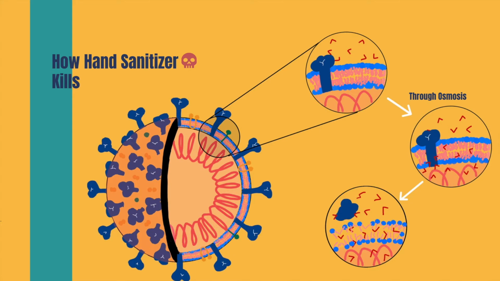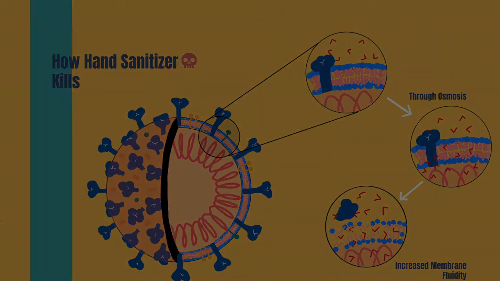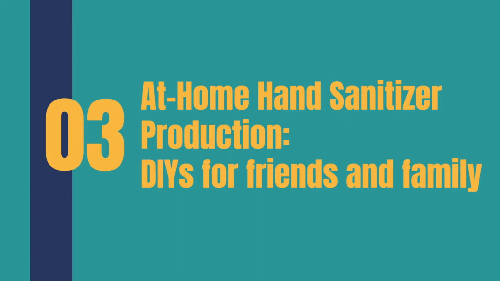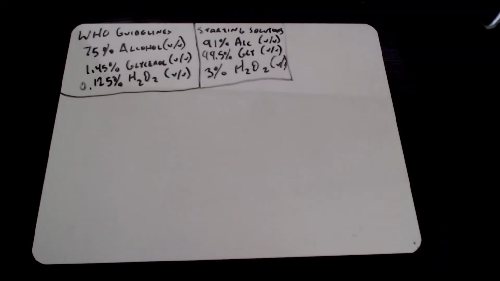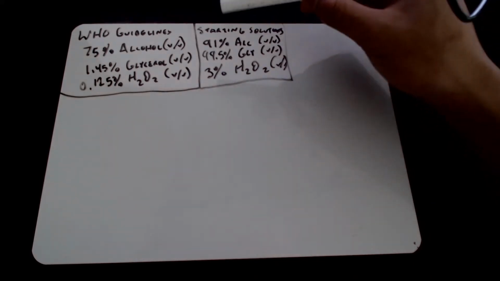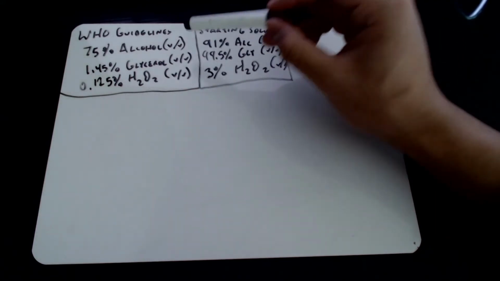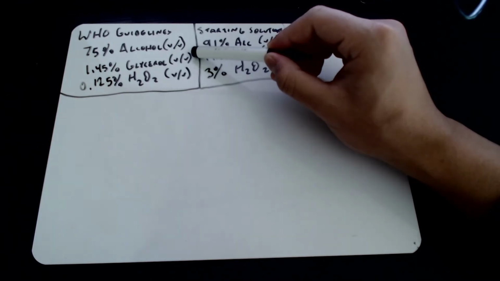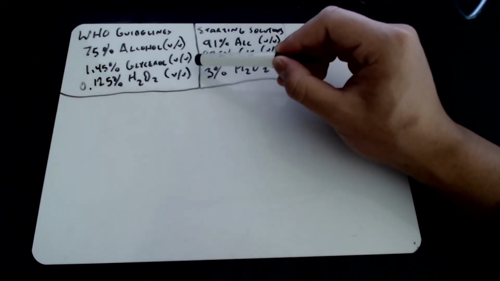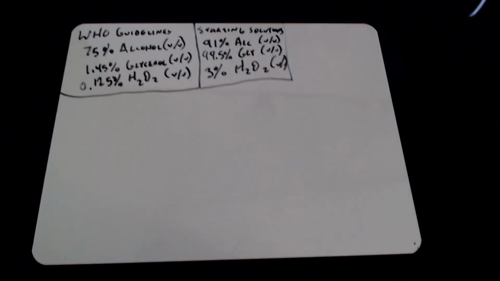Now, part 3, at-home hand sanitizer production. Here is how you can actually make a hand sanitizer that would work according to the WHO guidelines. To make our hand sanitizer, we're going to follow the WHO guidelines, which suggest a final concentration of the hand sanitizer solution to be 75% by volume isopropyl alcohol, 1.45% by volume glycerol, and 0.125% by volume hydrogen peroxide.